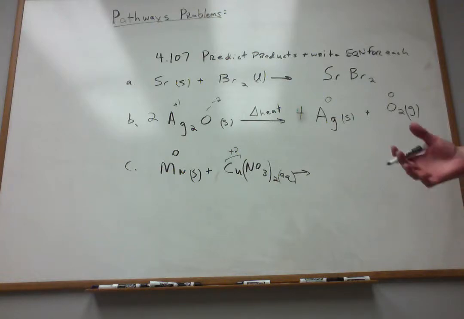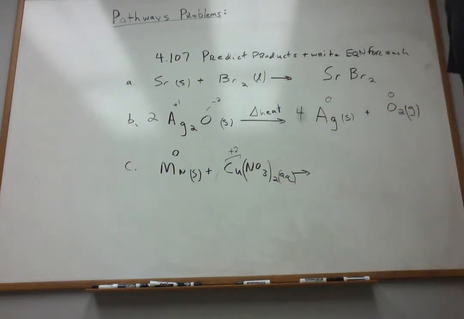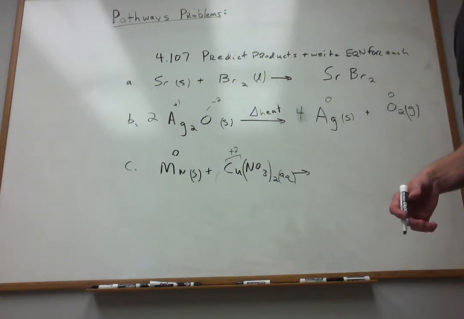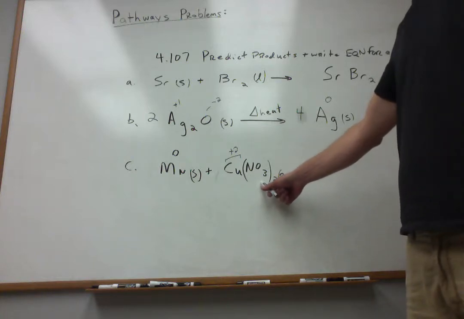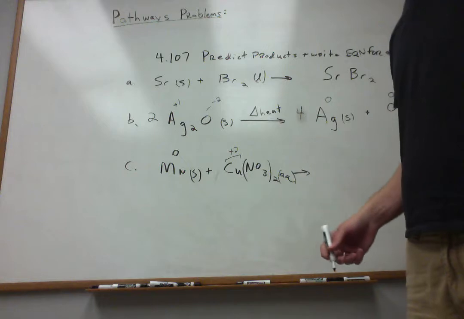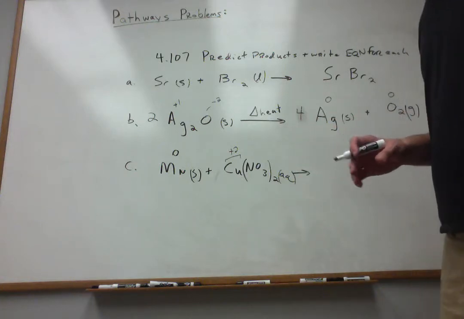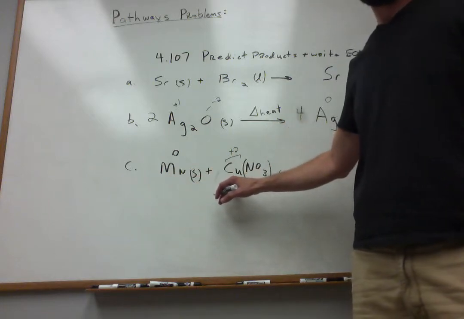Now, I want to combine these things and think about what could possibly happen when I throw elemental manganese into this copper-based solution. Typically, in cases like this, where you've got an aqueous solution of a metal salt and you throw a different element in there, what possibly can happen is the metals switch places.